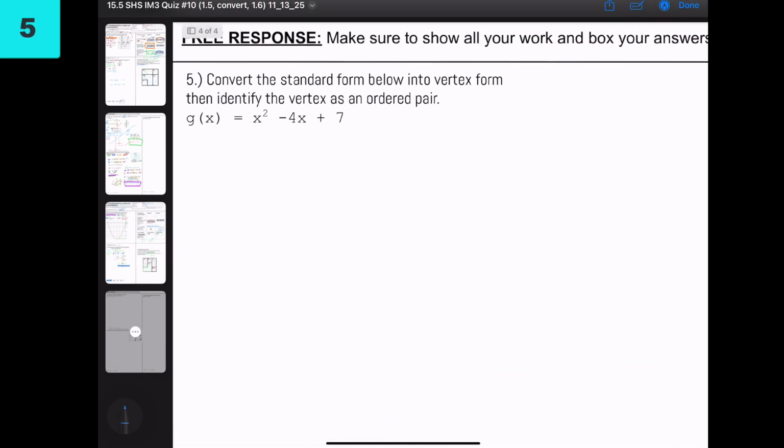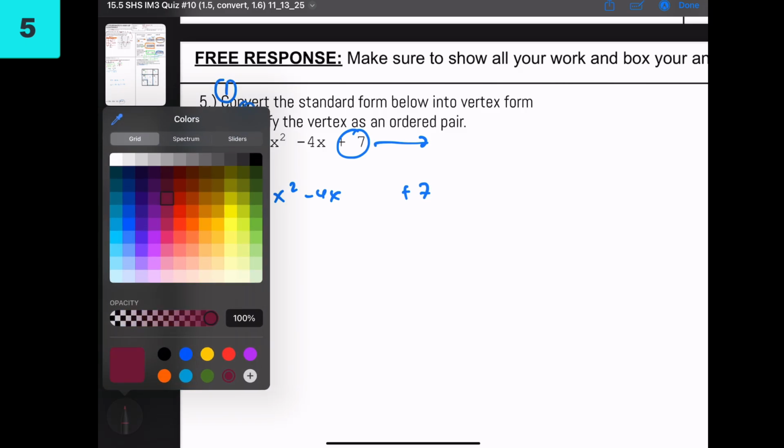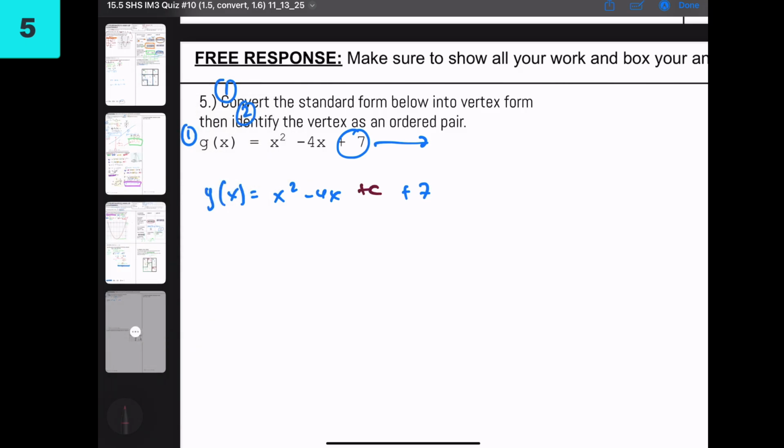Alright, let's take a look here. Convert to standard form, and then identify the vertex as an ordered pair. So, number 1, let's convert. I notice I'm missing a C value. B over 2 squared.